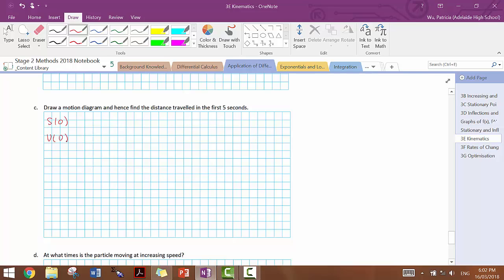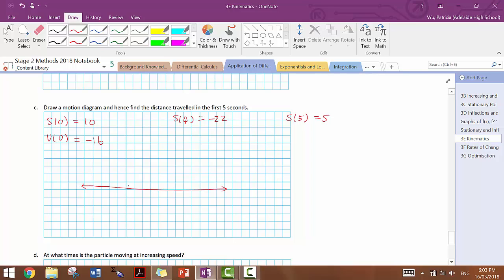Now we also need to know when the object changes direction, reverses direction, which is at 4 seconds, what is the displacement at that time. And then we also need to know what is the displacement at 5 seconds time, because that says in the first 5 seconds. And now we just need to find all this information.